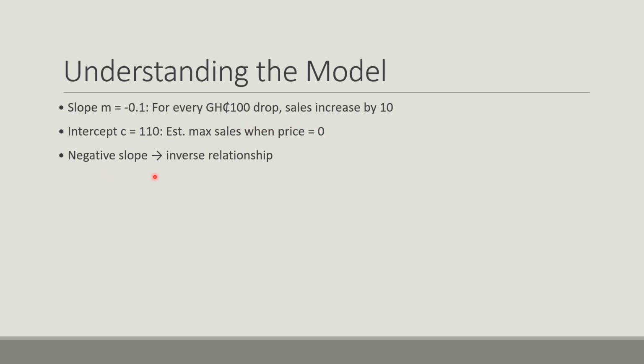Then we have: negative slope implies inverse relationship. When you have a negative slope for a linear graph or linear equation, as we've learned previously, there is a negative relationship between the input and the output, between the x and the y, or between the dependent variable and the independent variable.